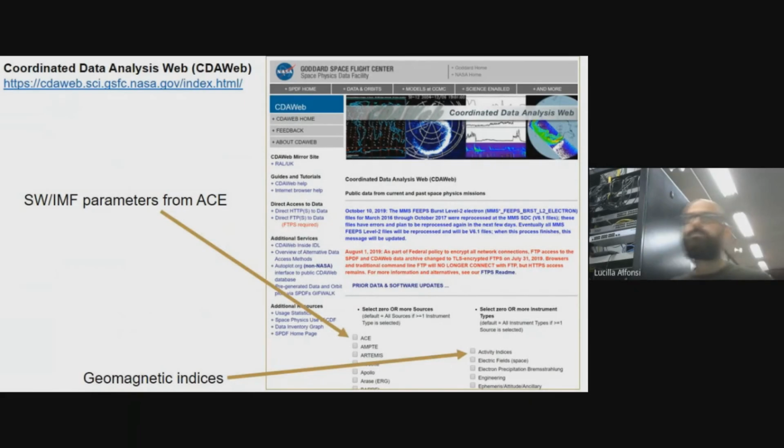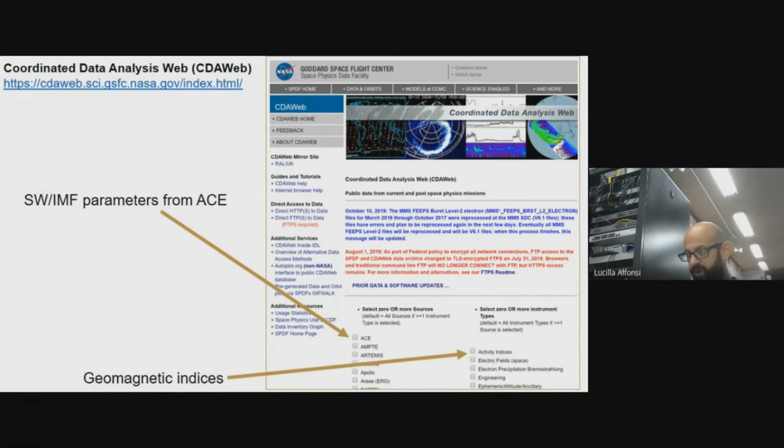So this last half an hour will be dedicated to the way to get the data in order to analyze the ionospheric behavior during, for example, a geomagnetic storm.